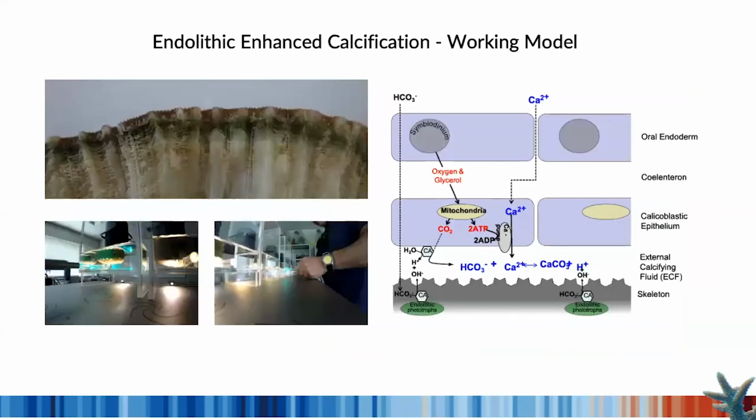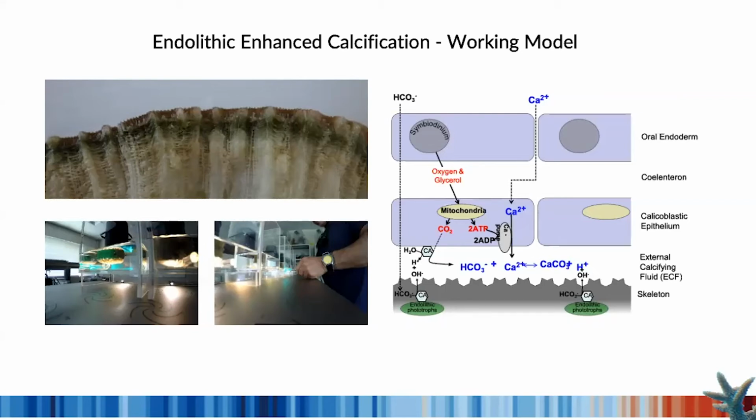I'm also working on a model of endolithic calcification. I've got some preliminary evidence to suggest that the endoliths in the coral skeleton actually contribute to calcification. I made these upside down chambers where I had access to the skeleton, and then I actually added some, it wasn't chloramphenicol, it was another photosynthetic inhibitor.